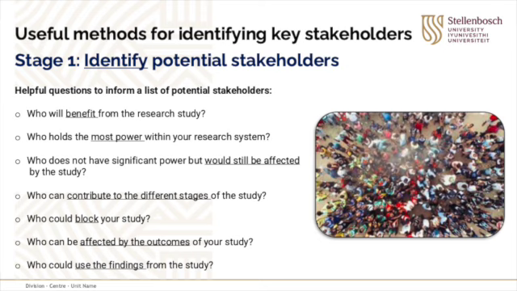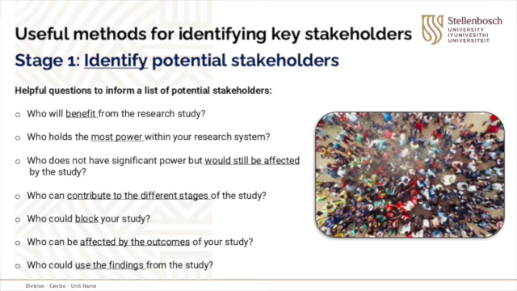So some of the helpful questions that can help to inform a list of potential stakeholders are: who will benefit from this research study? Who holds the most power within your research system? Who does not have significant power but can still be affected by your study? Who can contribute to the different stages of your study?